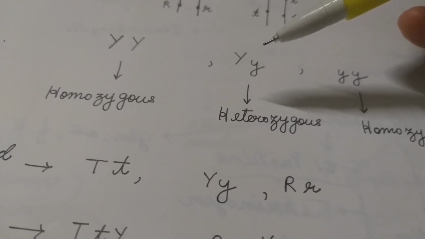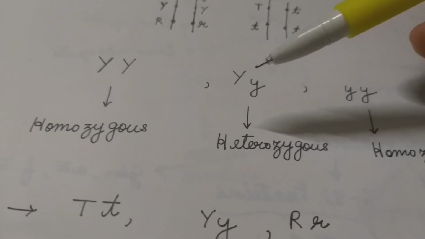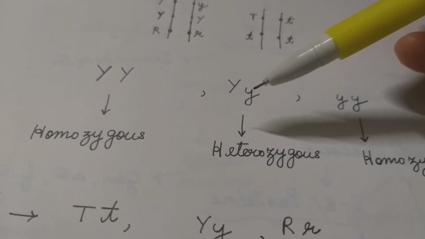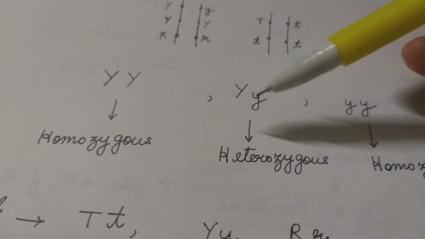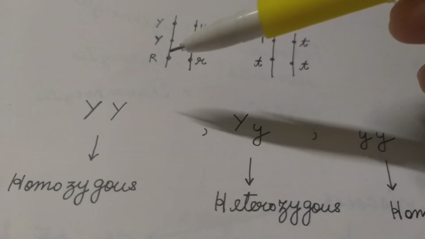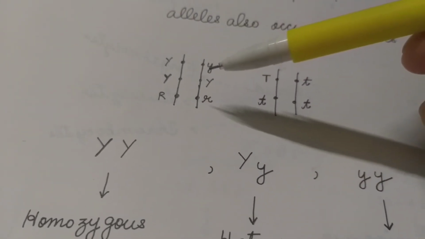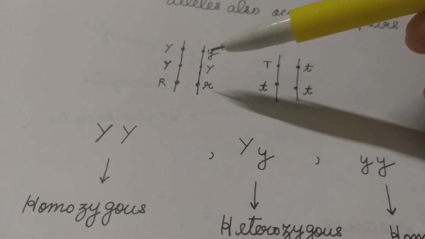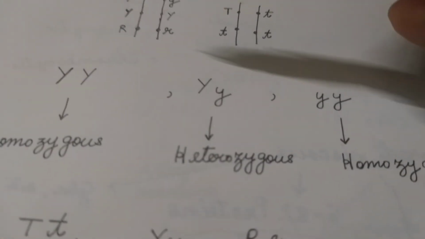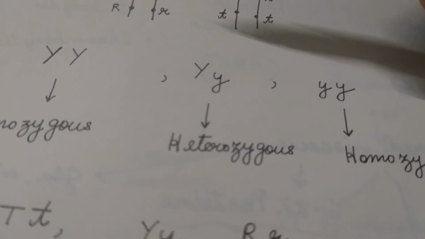The number of chromosomes is reduced to half, and the paired alleles also become unpaired. They separate from each other. Chromosomes become unpaired, and the alleles they carry are also unpaired. The number of chromosomes is reduced to half.